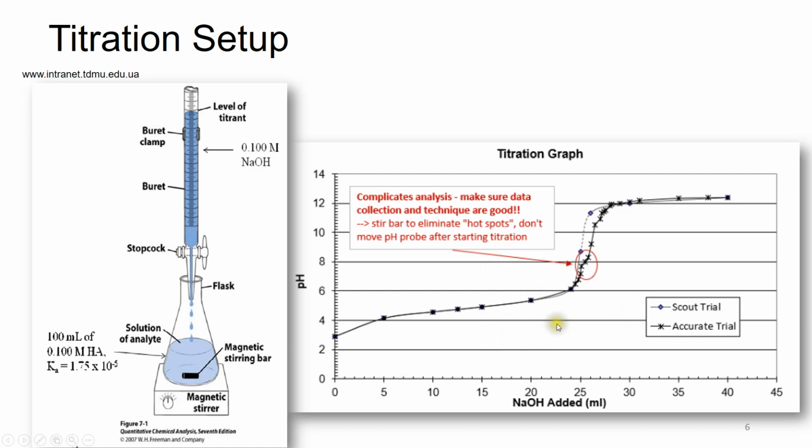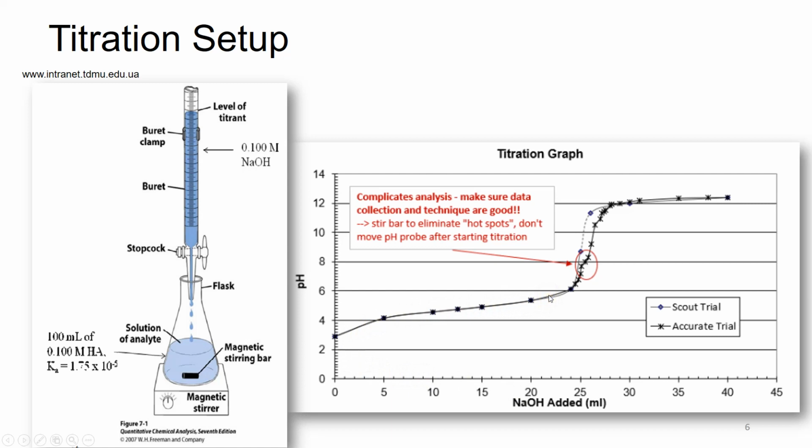There are two titration curves. One is the scout trial, the solid line. It's not very accurate, but it tells us a rough idea about where this endpoint is. So it's roughly 25 milliliters. And then we do the accurate trial. We can add sodium hydroxide really quickly, all the way maybe to 20 or even 22 milliliters.